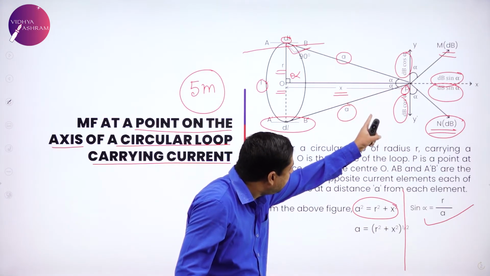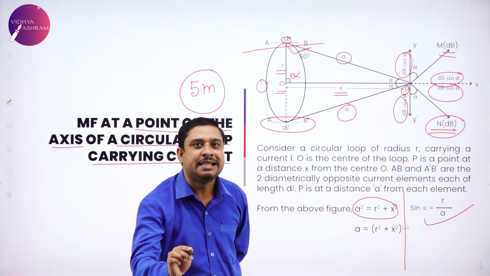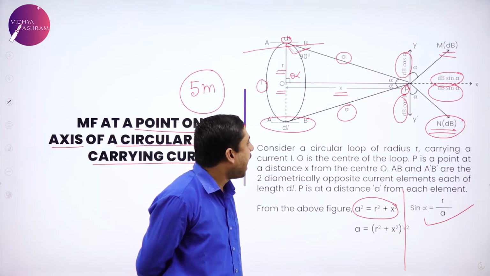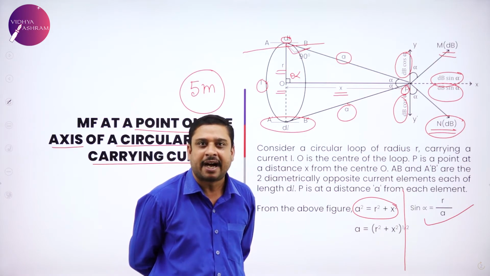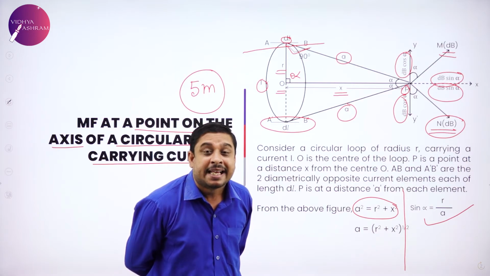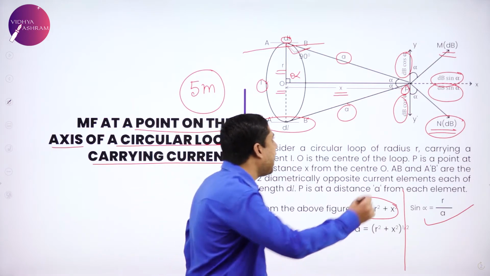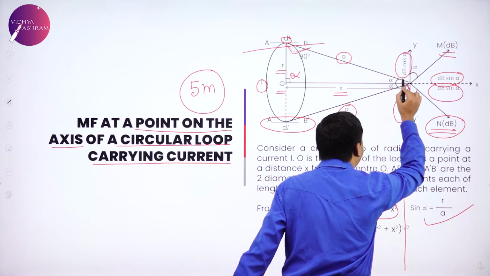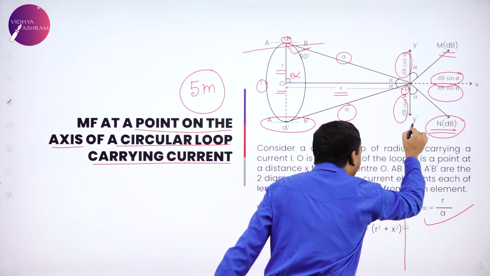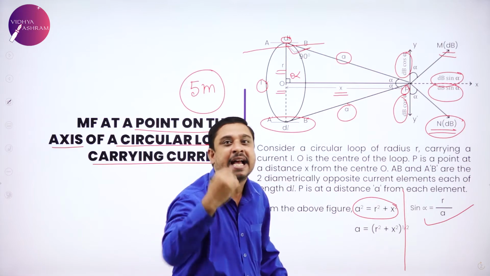Now, if you observe the diagram carefully, two components get cancelled. Which are they? Evidently dB cos alpha along Py and dB cos alpha along Py dash. They cancel each other. Why do they cancel each other?